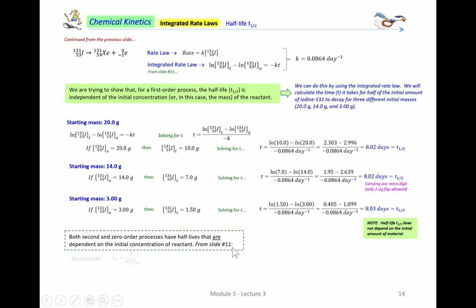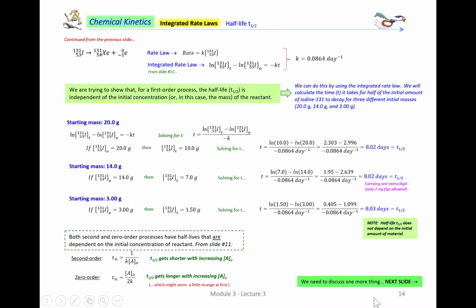So for second order, there's the initial concentration in the half-life dependence. The half-life gets shorter with increasing initial concentration. For the zero order process, the half-life actually gets longer with increasing initial concentration, which might seem a little strange at first, but that's what the math tells us.